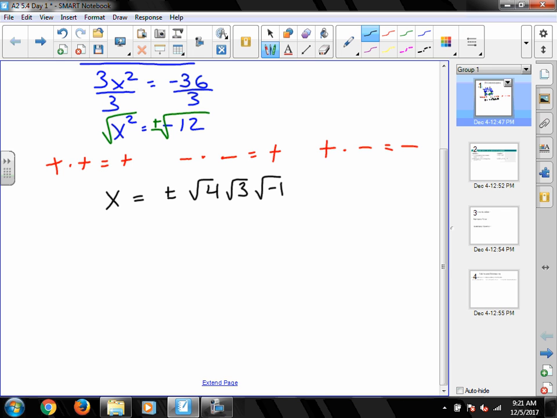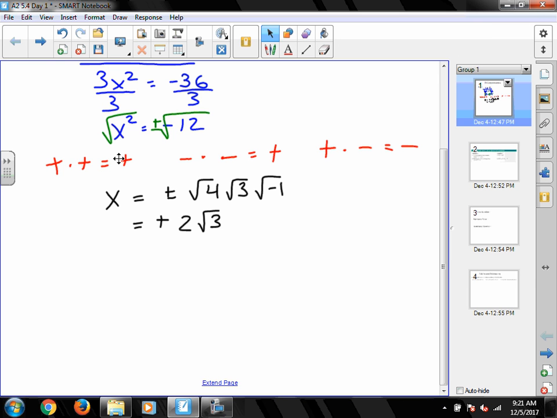Okay, this is just breaking down square roots like we did in section 2. Simplify that down a little bit. We're going to get 2 square root of 3. The square root of 4 is 2. Square root of 3 can't be simplified down anymore.